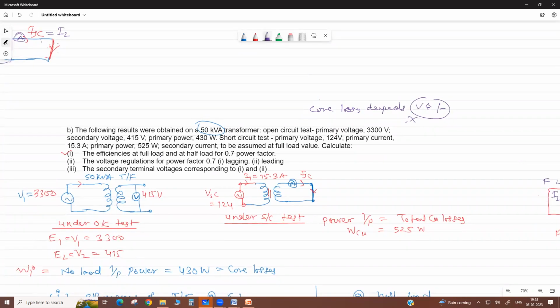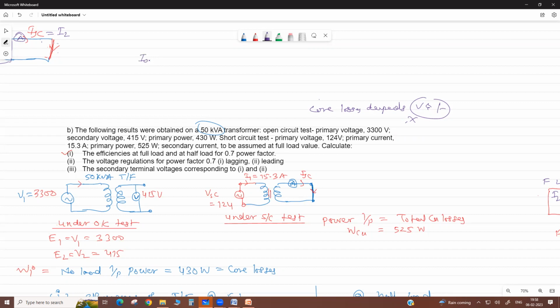In both cases, the input power is given. So on the primary side, in short circuit condition, we can calculate from the copper loss.